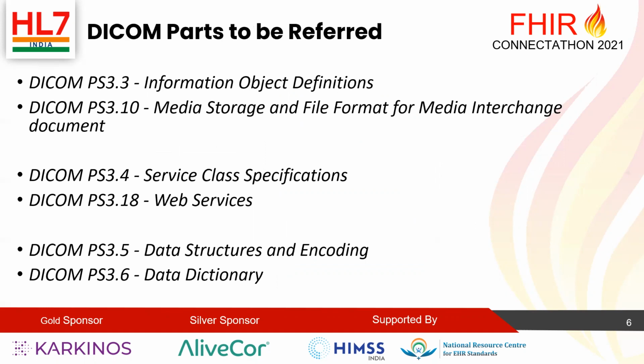Part 3.3 defines the information object definitions, which define the DICOM objects, basically the images or SR or presentation state. How the DICOM files can be generated and stored has been defined in part 3.10.